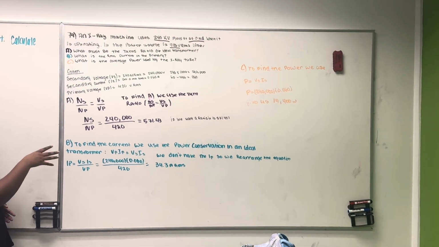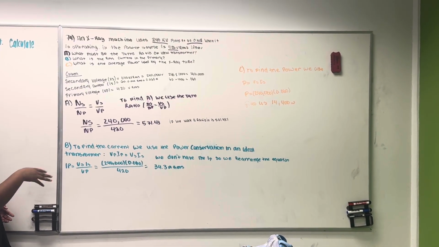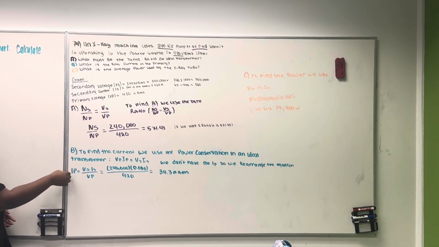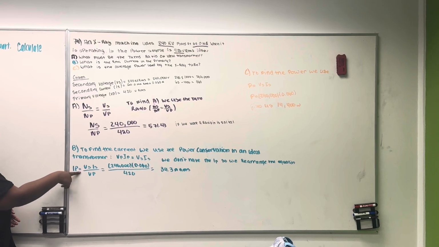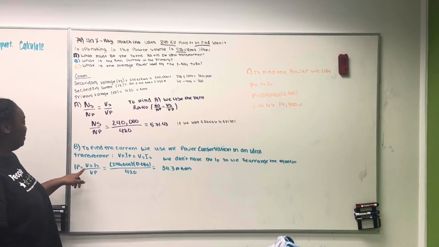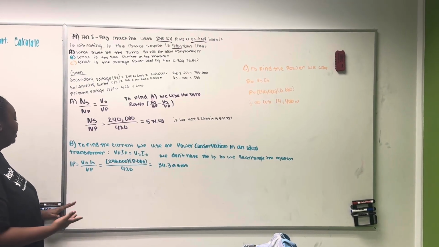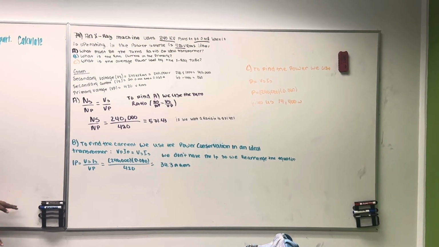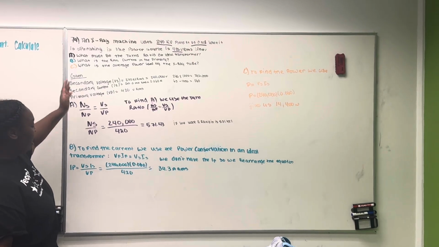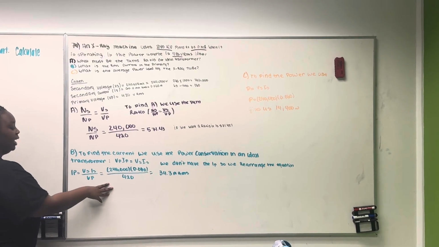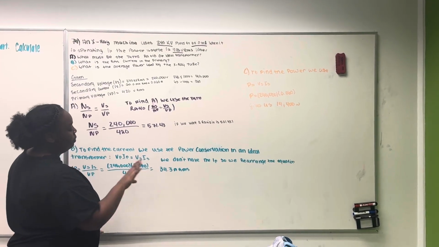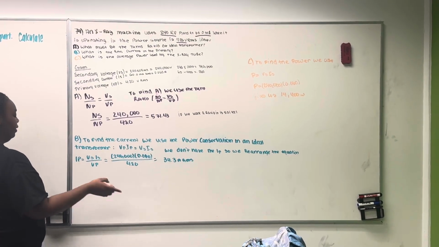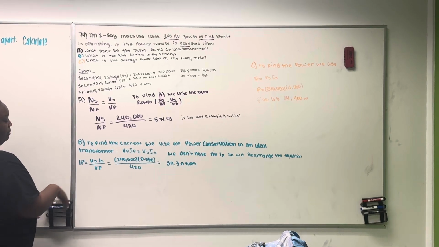IP will be VS times IS divided by VP. Once we go back to our givens, we just plug everything in and it will give us 34.3 amps. So that will give us our primary current.